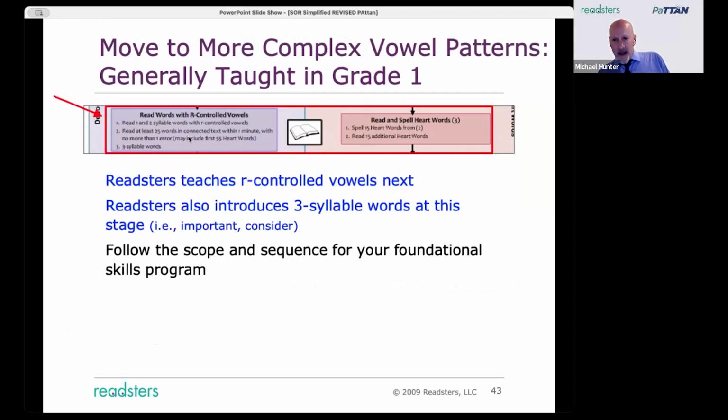Now, on our map, we like to do R-controlled vowels as our first advanced vowel. We do it before silent E. We think this is easier for students than to read a vowel followed by an R, where it's 2 letters next to each other, versus a vowel consonant E, a split vowel pattern. But it really doesn't matter. Follow the scope and sequence that your program has.